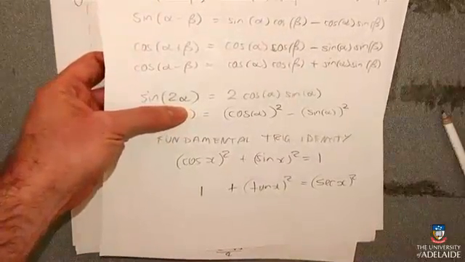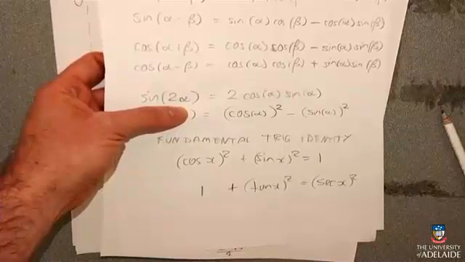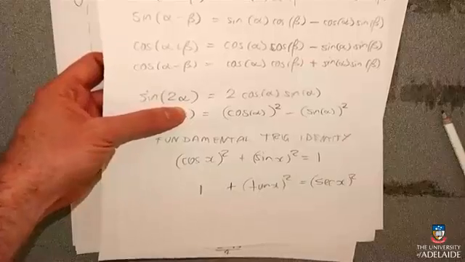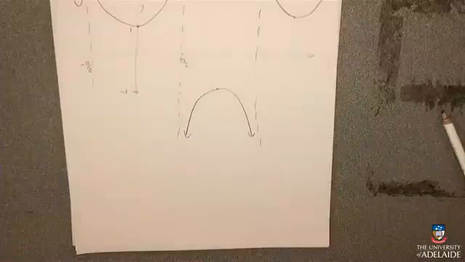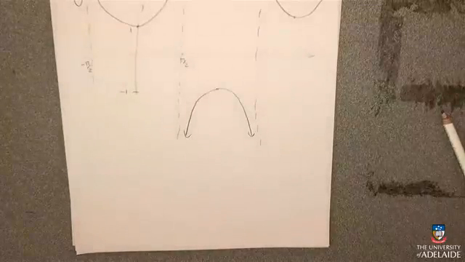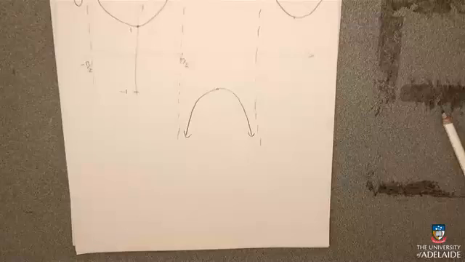It should be possible to draw sine 2x. And interestingly, it would be the same shape as this graph, which is much harder to imagine what it looks like. It should be possible to draw sine x all squared, but we're not going to do that. Okay? So what we want to do is draw graphs that look a little different.